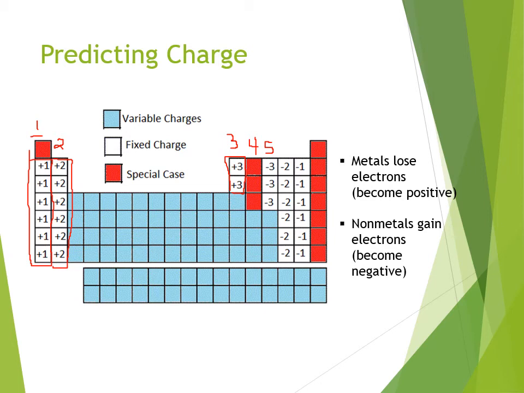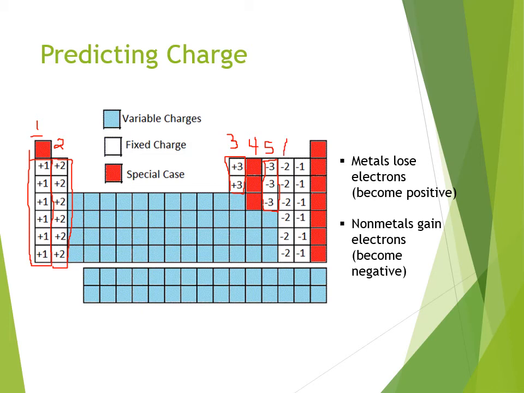So, since group 5 has 5 valence electrons, and it wants to get to 8, how many more does it need to get to 8? 5 plus what equals 8? 5 plus 3 equals 8. So that's the reason why this group forms a -3 charge, because they're going to gain 3 electrons to their already 5 electrons to have a total of 8. And when they gain 3 electrons, those electrons are negatively charged, so they're going to form a -3 charge.